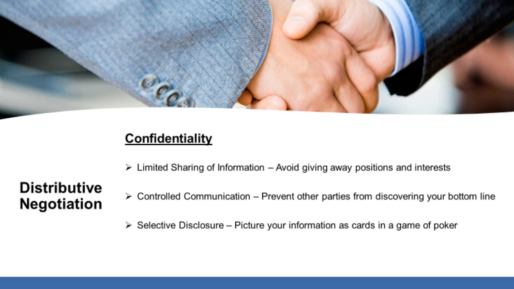You don't want the opposition or your counterpart to know exactly what's in your hand, but as you place each card down, they get a little bit more insight into your full position. So selective disclosure can help to manage the negotiation process, but also safeguard sensitive aspects of the deal.